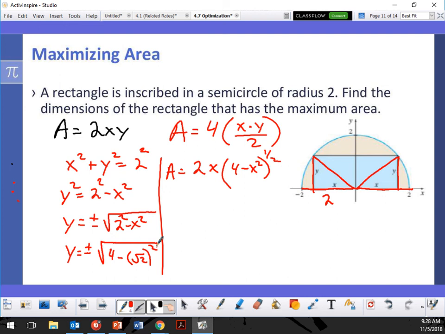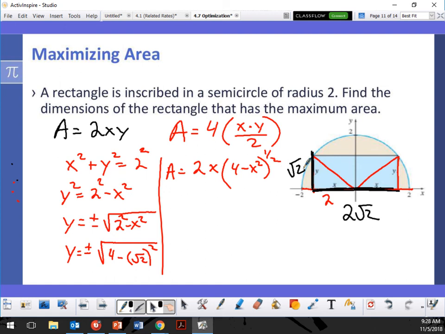Radical 2, right? But remember, we're maximizing the area. So this value right here, from here to here, would be 2 radical 2, and then the height going up from here to here would just be radical 2.